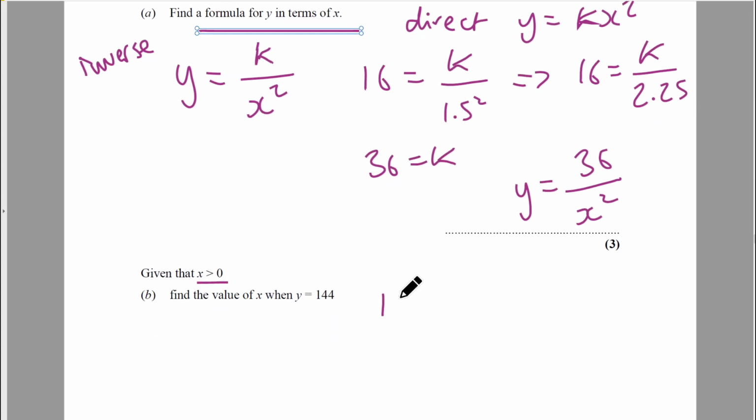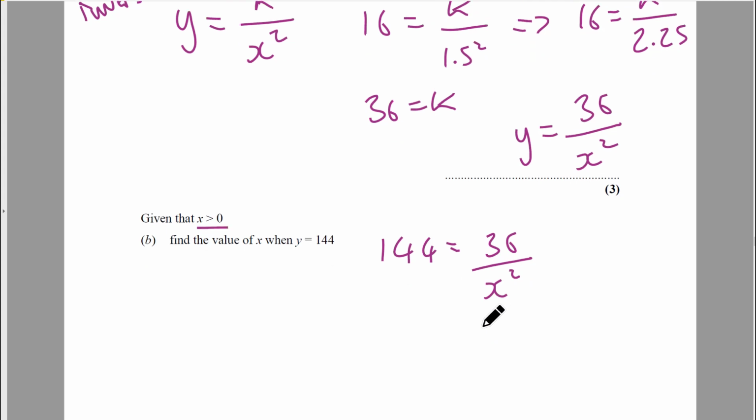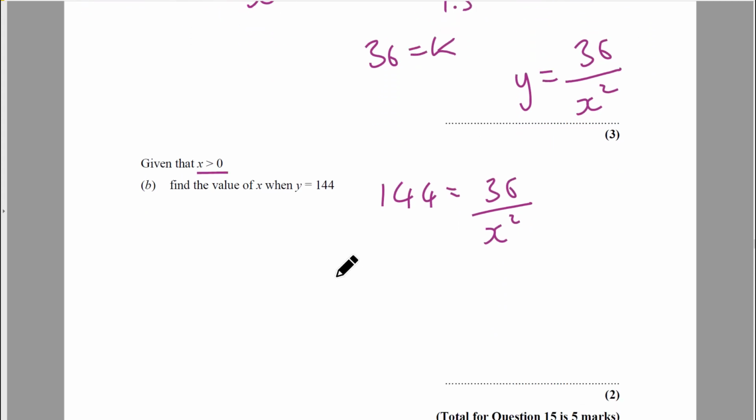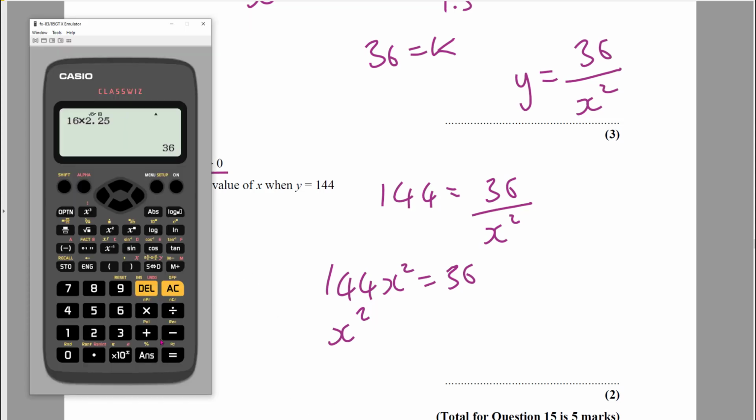So, just use the equation. 144 equals 36 over x squared. We're going to multiply both sides by x squared. So we're going to get 144 x squared equals 36. Divide out by the 144. So x squared equals 36 divided by 144. That's a quarter.